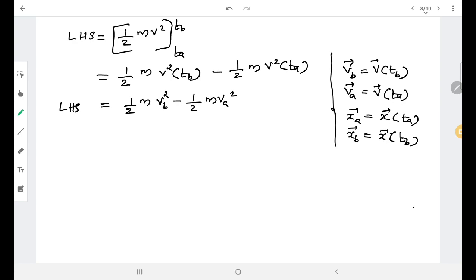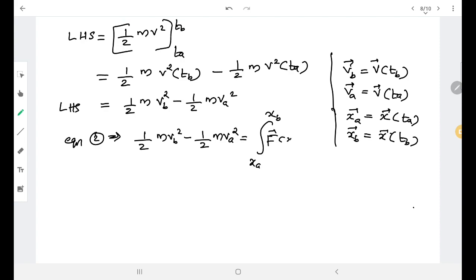Now we can put it in the equation. So our equation 2 becomes half m vb square minus half m va square is equal to the integral from xa to xb of f(x) dx.